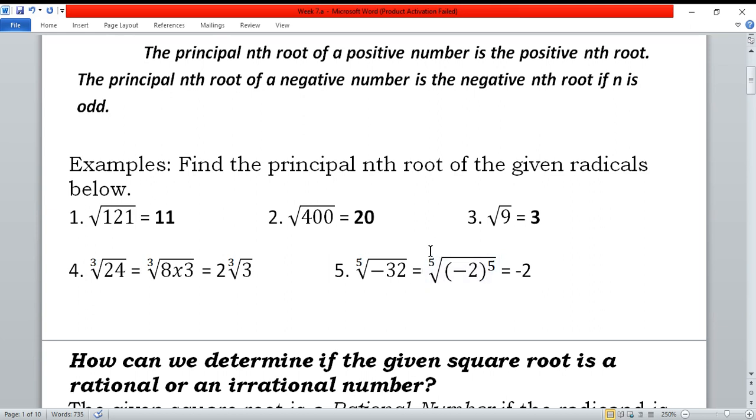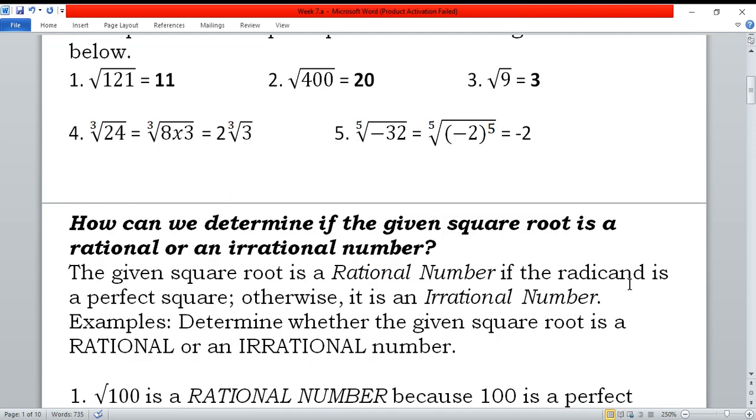So kaya ika-cancel natin yung 5. So meaning the fifth root of negative 32 equals negative 2. Okay? So yan ay tungkol sa principal nth root kung paano natin kunin. It's just a simple recall before we proceed to our main topic.